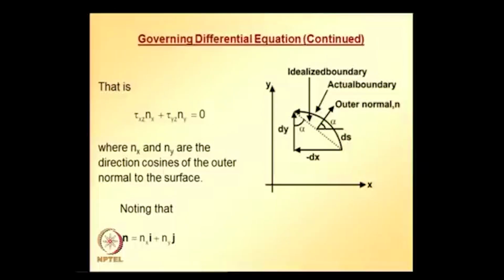For that, noting that the outer normal has components nx and ny, nx is given by cos alpha, which can be calculated based on the figure shown there, that is dy over ds, and ny is equal to sin alpha, which is given by minus dx over ds, where ds is a small element of the idealized boundary.